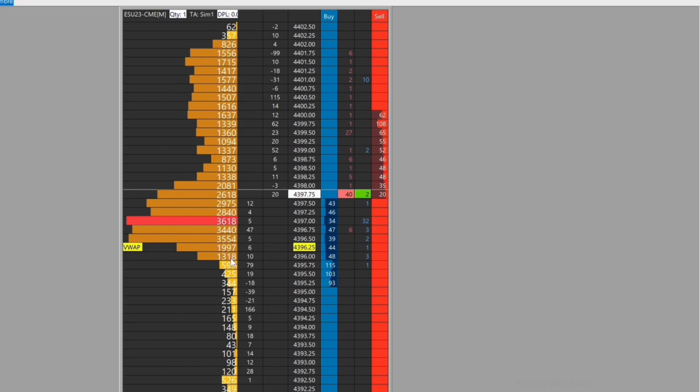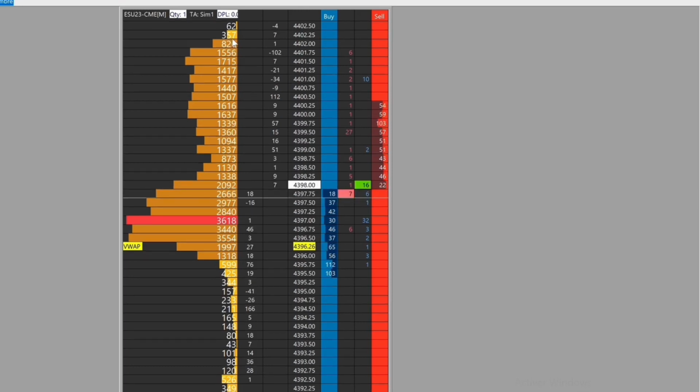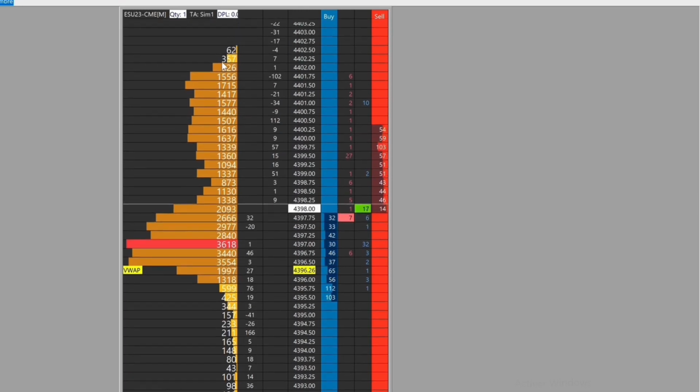The upper zone is called the VAH, the value area high, and the lower zone is the VAL, the value area low, and these two zones delimit the value area. It represents the zone where 70% of the exchanges of the day took place.